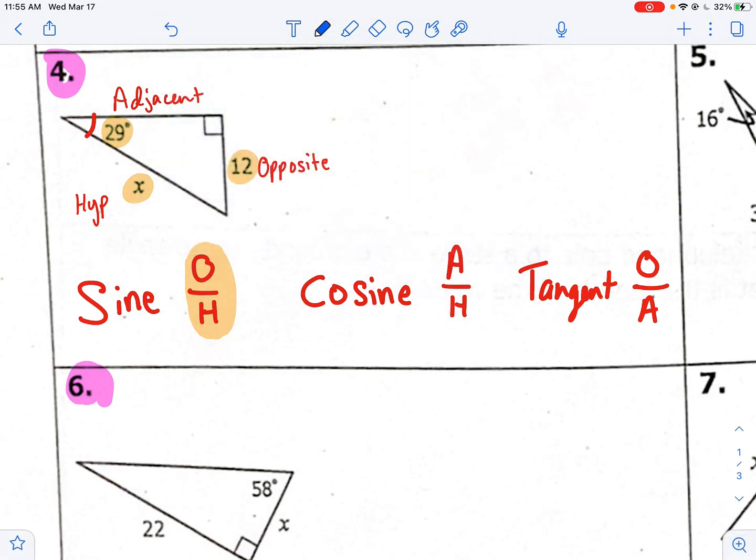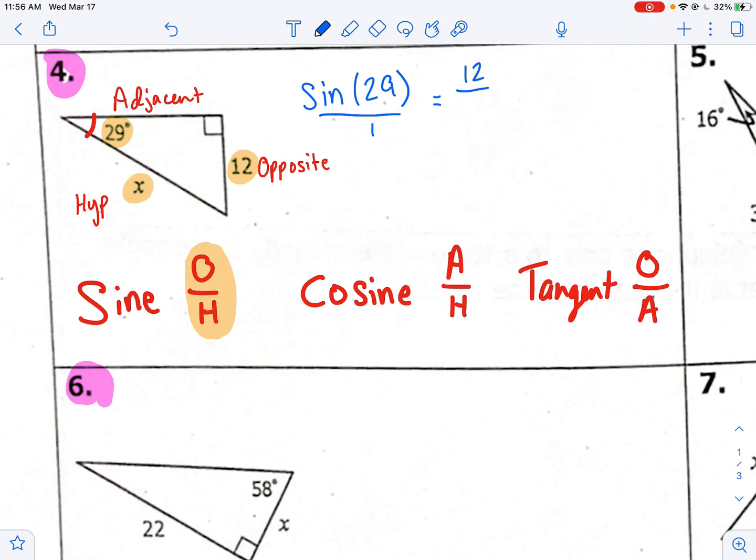So I'm going to use sine of 29. This is what it would look like on your calculator: sine of 29. Over 1, sine of 29 equals what? Well, it's opposite over hypotenuse.